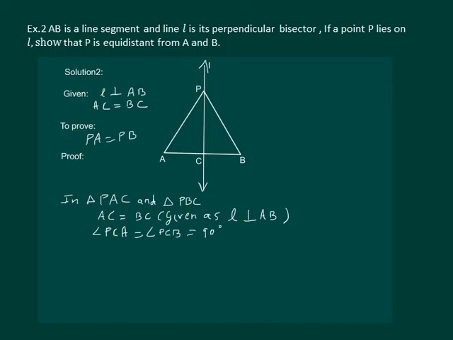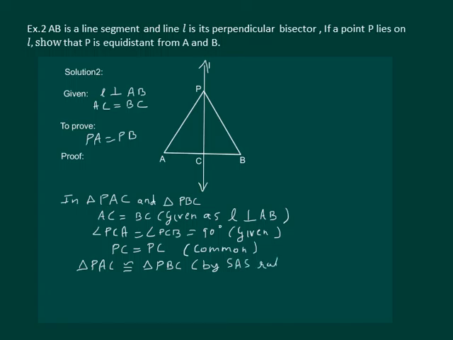This is also given as L is perpendicular to AB, and the side PC is common, so we can say that PC equal to PC. It is a common side. Hence the two triangles are congruent by SAS property. So triangle PAC is congruent to triangle PBC by SAS rule.